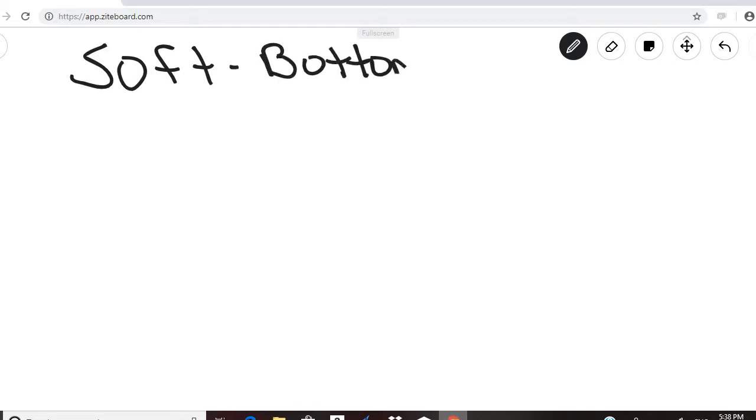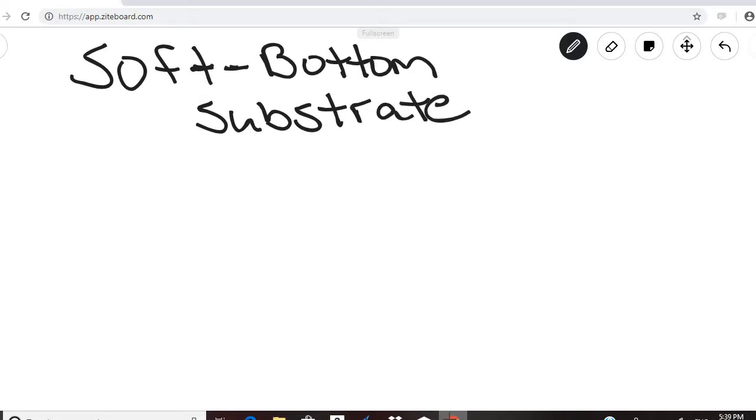Before we do that, we need to define again a few terms, some of which you've already encountered in your reading, but we haven't taken time to really define. Obviously the bottom, whether it's soft or hard, what we're really talking about is the substrate, the substance that is on the bottom of a continental shelf, and then we classify that as either soft or hard.